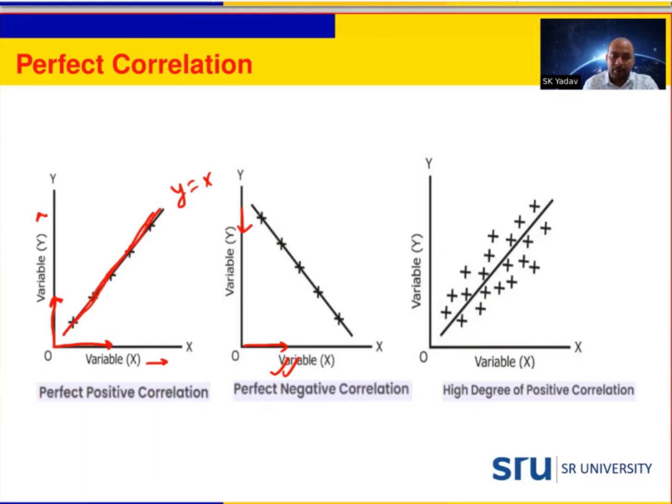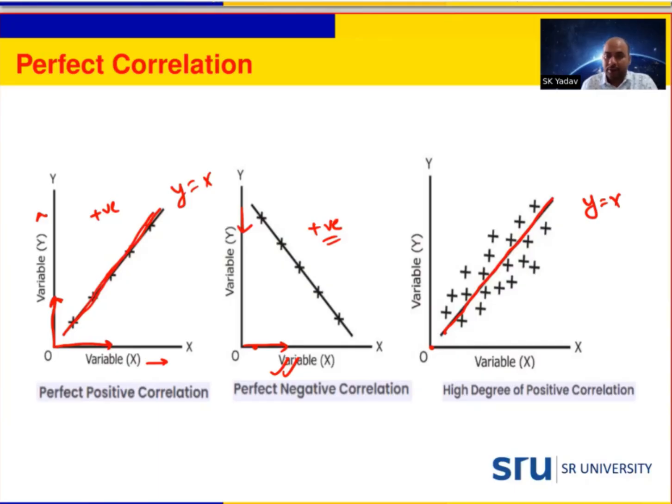And when x is nearby 0, y is at its highest. So this is a kind of negative correlation, and here we have positive correlation. Now see this third diagram. This is not a perfect correlation, but it is very strong because maximum points are lying around this line y equal to x.